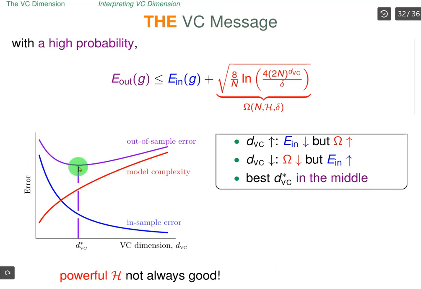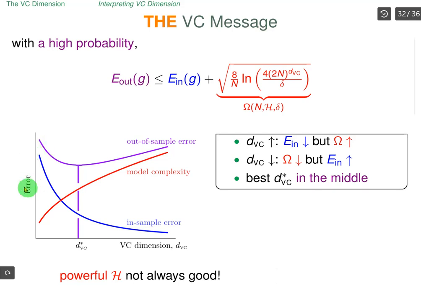So there will be one point with the proper VC dimension where the difference between out of sample error and in sample error is small, given that the in sample error is small, and after that they start to deviate. So we need to find a hypothesis with the proper VC dimension, while here the two are less different between out of sample and in sample.